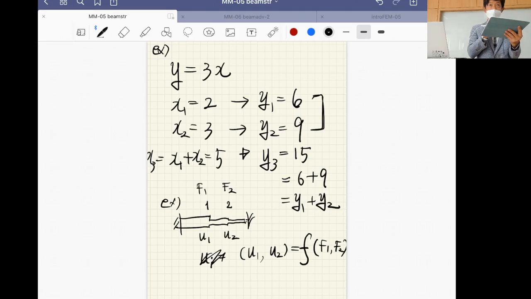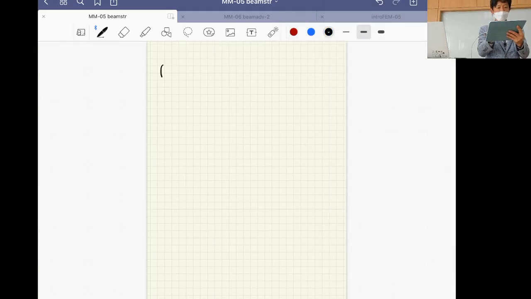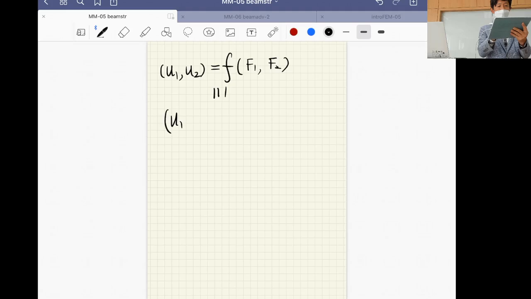If this is a linear system, then I want to find out u1 and u2 from this structure subjected to f1 and f2. So I want to calculate u1, and also u2, for exactly the same system.